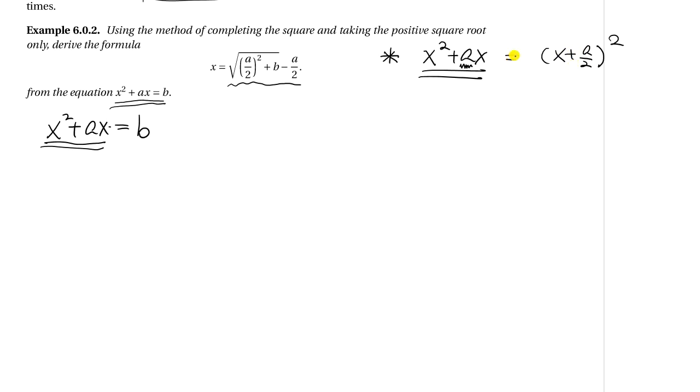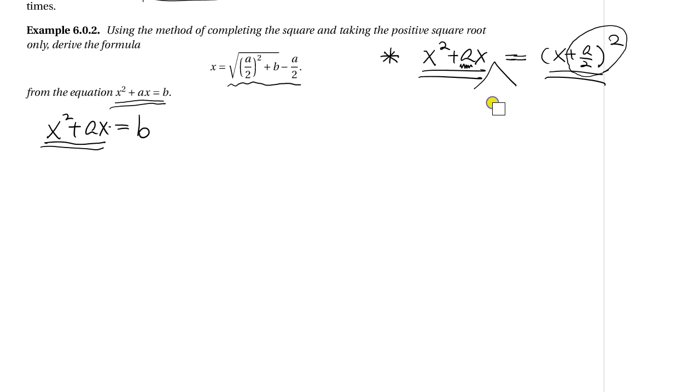But of course, we know the equality is not standard at this moment. We need some extra constant term to make it, and that constant term becomes a squared over 4, or a over 2 squared.